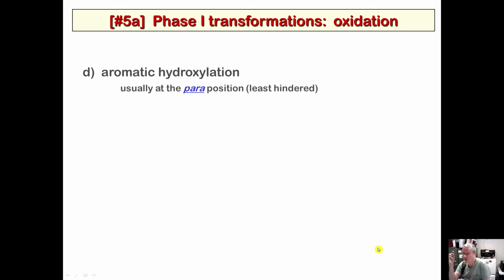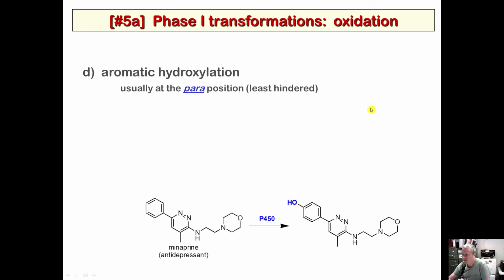What about aromatic hydroxylation? So benzenes can be hydroxylated, usually at the para position, if you have a para position, the least hindered position, P450 likes to do. And that's kind of like when we showed the cyclohexanes earlier, the least hindered positions were the most readily oxidized.